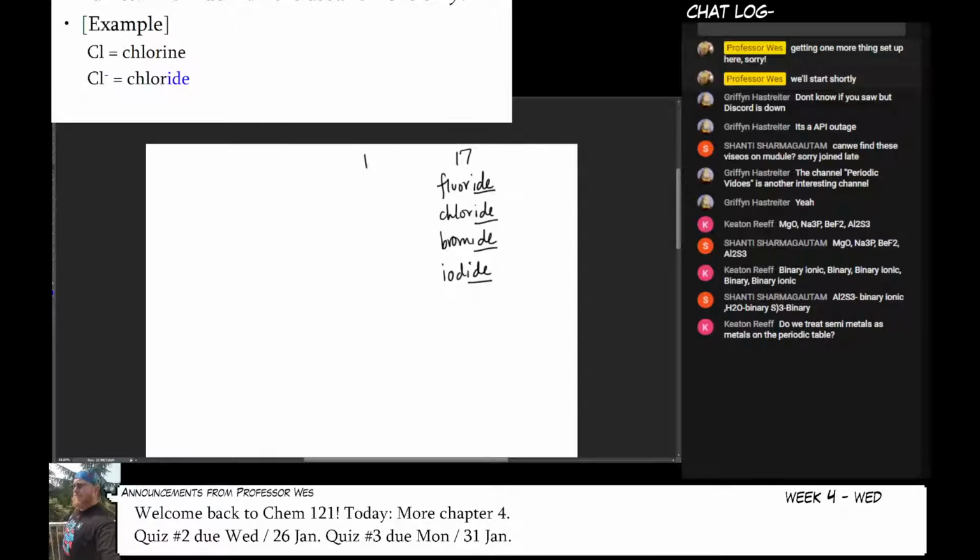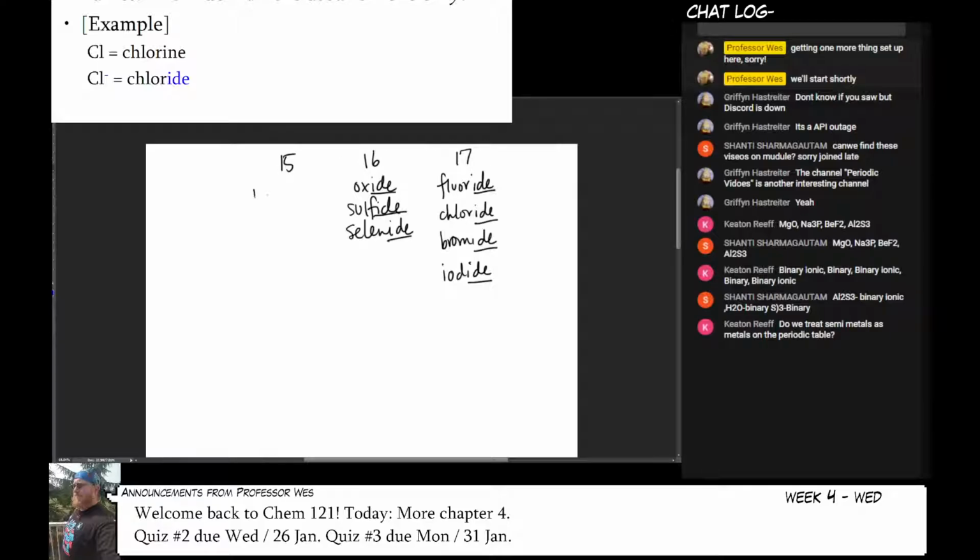And then in group 16, we've got oxide, sulfide, and selenide. I mean, telluride exists, but we're probably never going to see it.